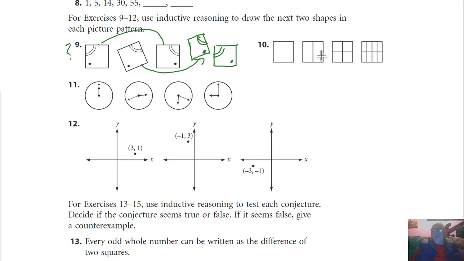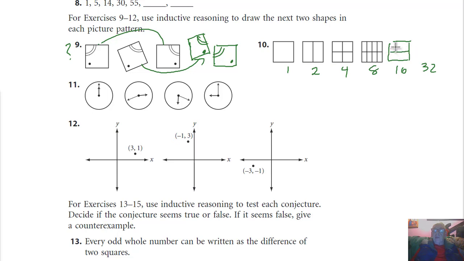For number 10, it's kind of hard to draw these, but it looks like number-wise, we start with 1, divide it into 2 parts, then divide it into 4 parts, then it gets divided into 8 parts. So 16 parts and 32 parts is going to be the next part of the pattern.